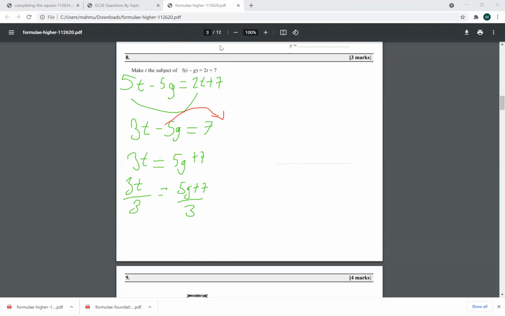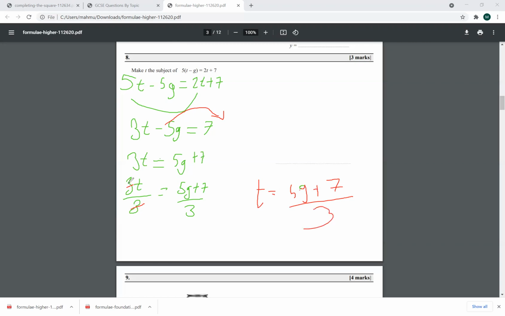Let's rewrite the whole thing. Let's rewrite the answer. So you're going to show the examiner the 3 cancels each other. So now you're left with t equals 5g plus 7. This is how you should write it, because this is going to be on its own now. Over 3. That's it.